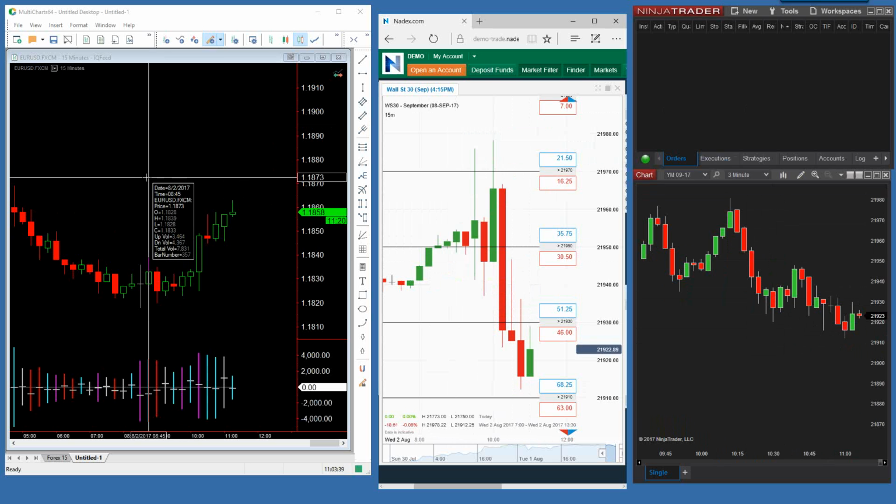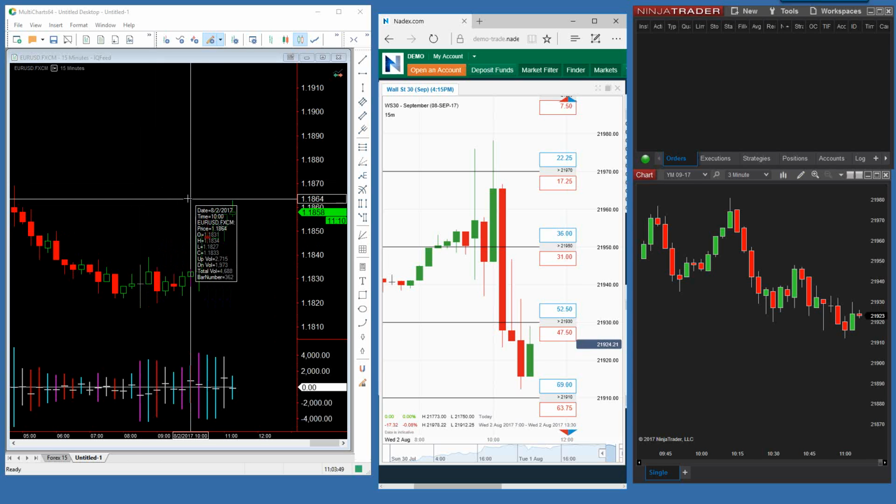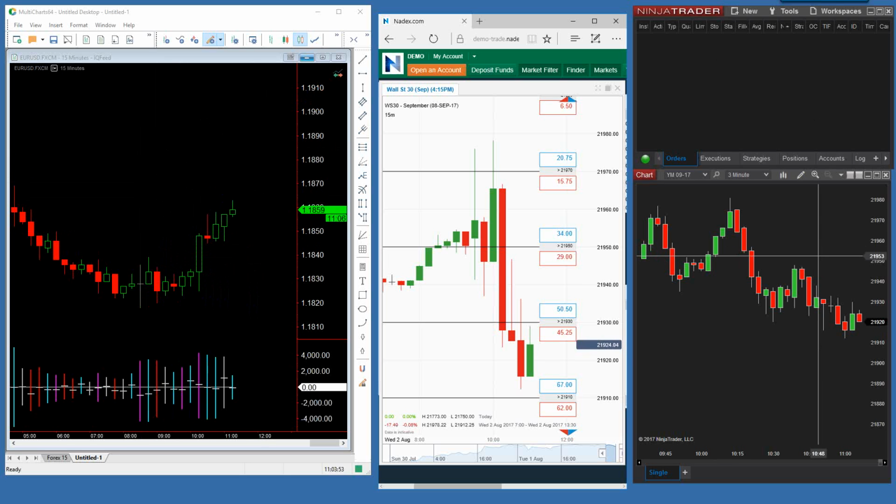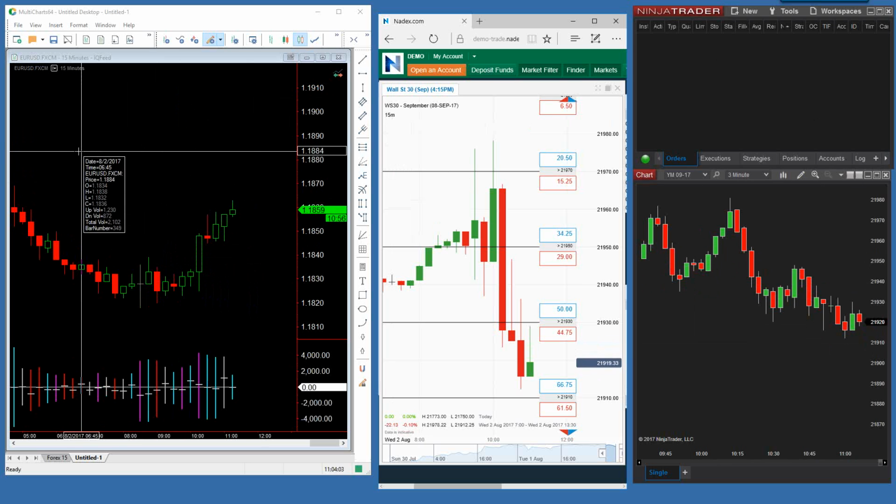NinjaTrader and MultiCharts are both trading platforms. If you are trading futures or forex directly, you could trade from either MultiCharts or NinjaTrader. You cannot trade a binary option through NinjaTrader or through MultiCharts.